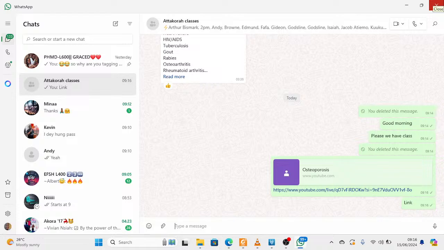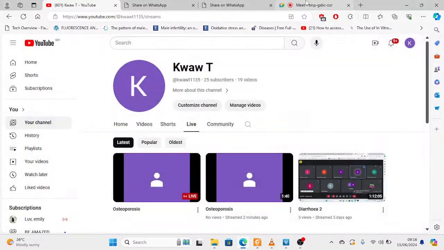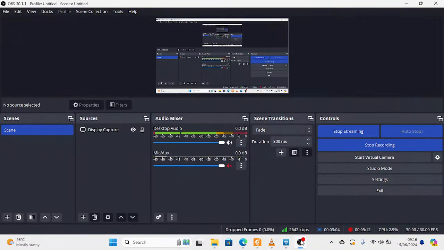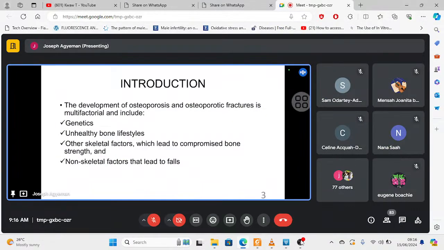If you don't live a healthy bone lifestyle, you are the type who smokes, your diet doesn't contain enough calcium, and other issues can predispose you. Then there are other skeletal factors that can also lead to compromised bone strength. Some people can have issues like rickets and osteomalacia, where the bone becomes very soft.